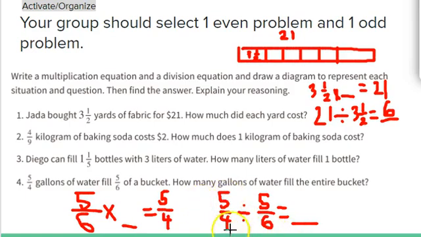Yeah, well, this is 1 1/4. That's 5/6 of it. So really, if 5/6 is 5/4, each one of those 6 is 1/4, right? So 6/6 would be 1 1/2 gallons.